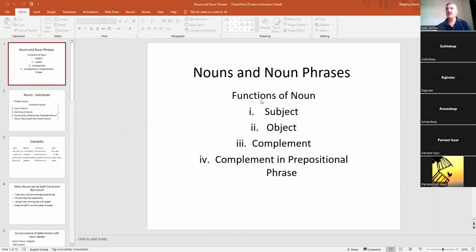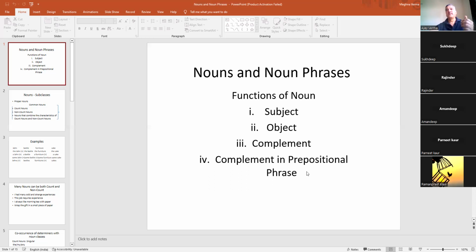Nouns basically have four functions, or they can function in four different ways. They perform four functions, to be precise: the function of subject, function of object, function of complement, and the function of complement or object in a prepositional phrase.